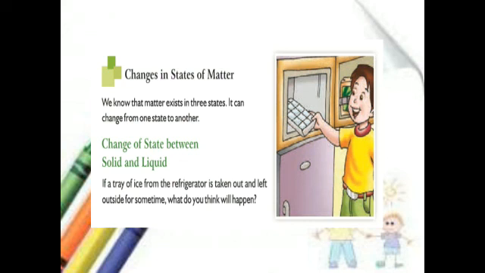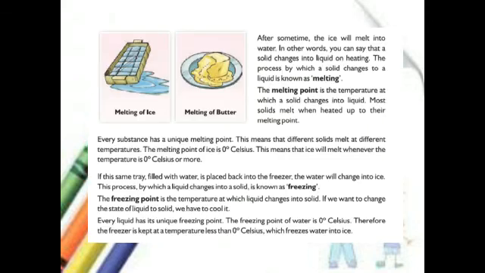That process is called freezing, that is changing of liquid to solid. Then if we keep butter in an open space, it starts to melt. This represents change of state from solid to liquid. This process is called melting.